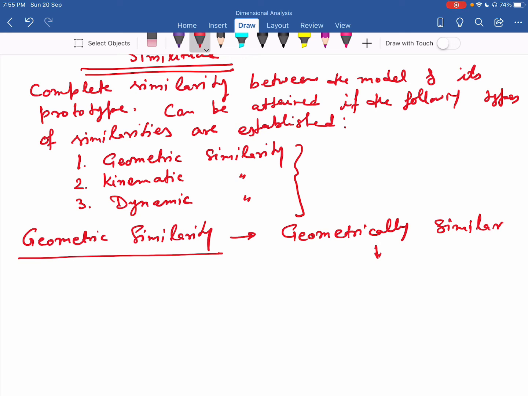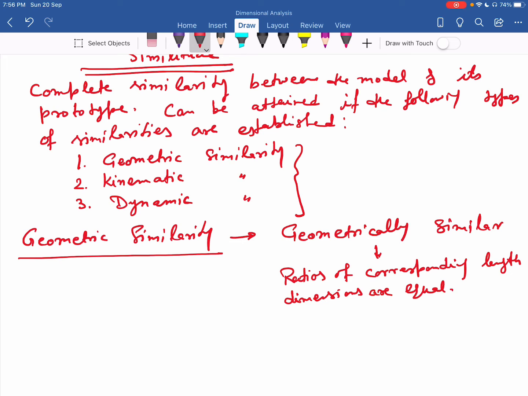It means the ratios of corresponding length dimensions are equal.